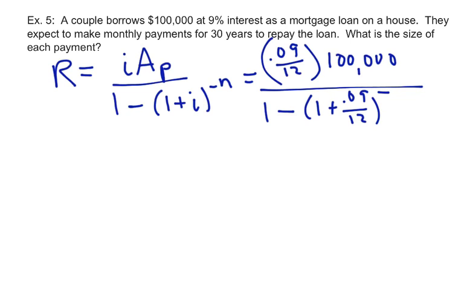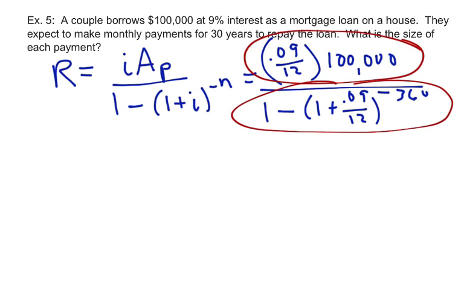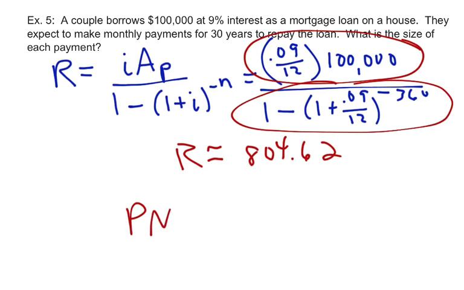Well, the payments are monthly for 30 years, and 12 times 30 is 360. So again, what would you do to solve this? I would evaluate this first, then I would divide it by this, and you'll find out that the monthly payments are $104.62.